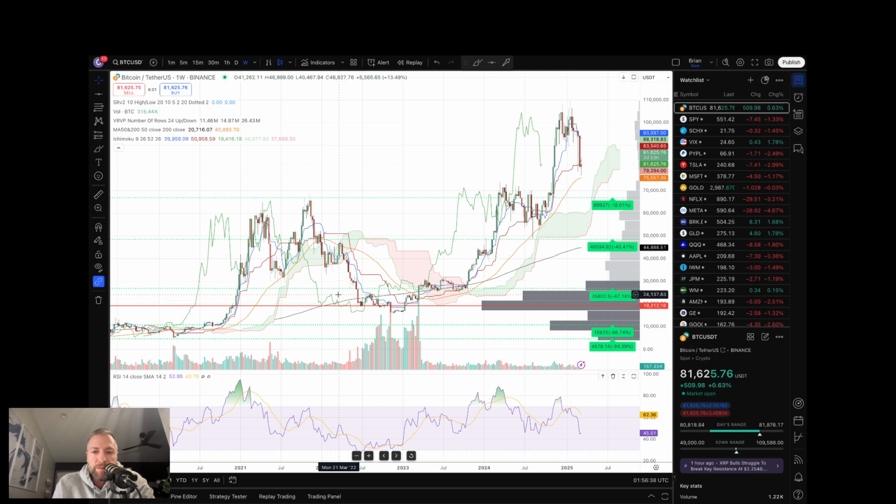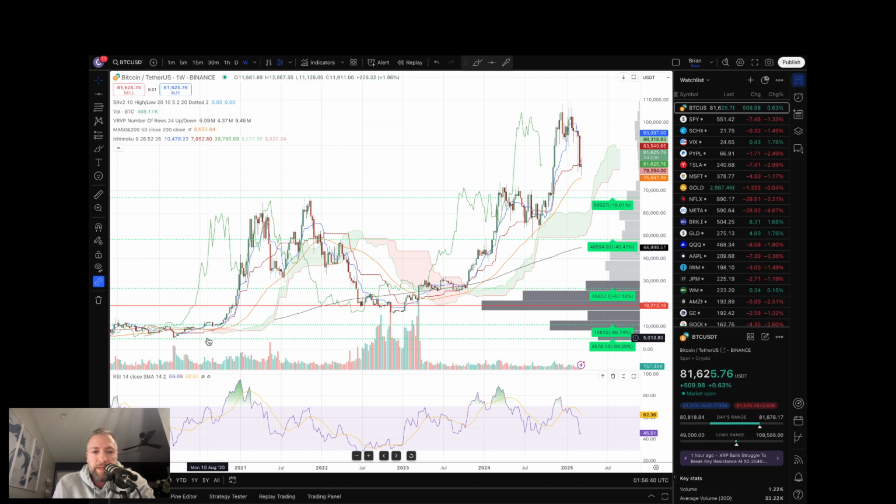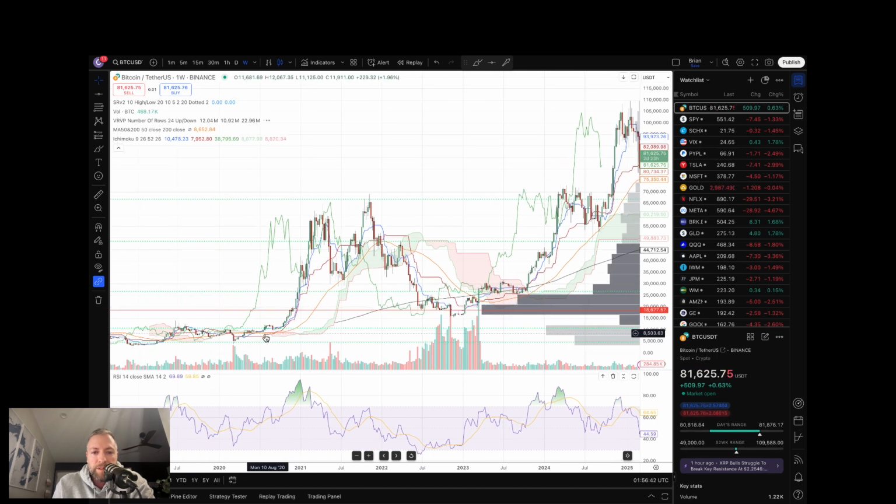Just like with Bitcoin down here, you can see we broke that resistance level, broke the resistance levels. We're above the Ichimoku Cloud. Once you break down through the Ichimoku Cloud, it turns bearish.